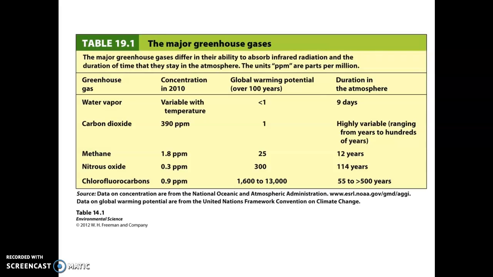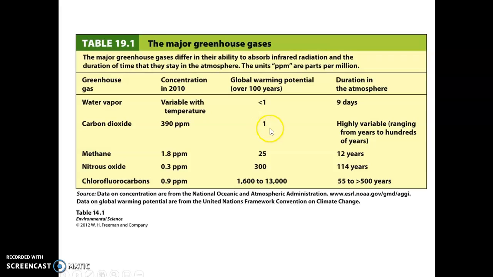Methane is present in much smaller quantities, 1.8 parts per million, and then nitrous oxides and chlorofluorocarbons are also in small quantities. But then we have to consider their global warming potential. That is, how much do these particular molecules absorb and re-emit infrared radiation?